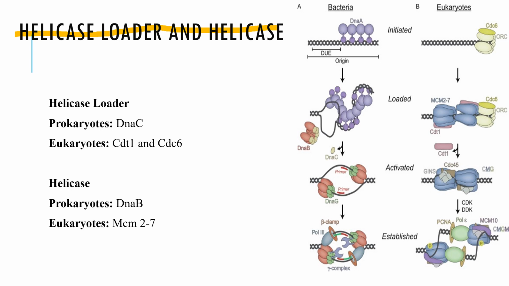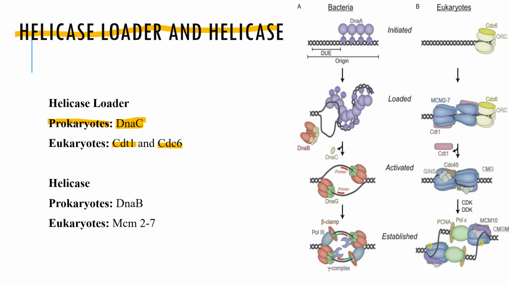As you can see in this diagram, in case of prokaryotes, the helicase loader is called DnaC, whereas in case of eukaryotes, helicase loaders are of two types. Number one is CDT1 and the other one is CDC6. There are two helicase loaders in case of eukaryotes. In case of prokaryotes, there is only one helicase loader.